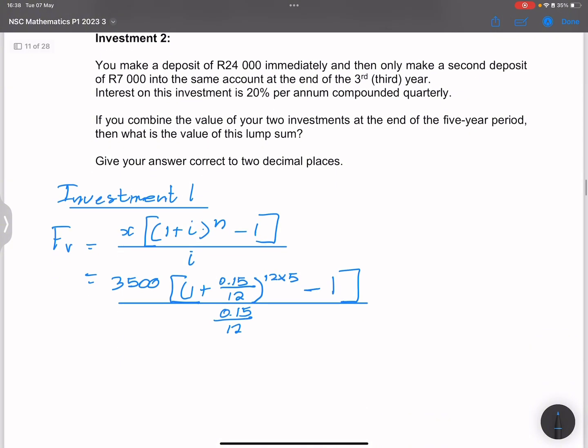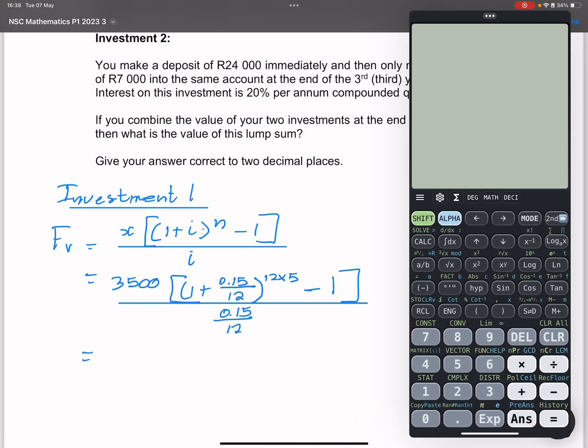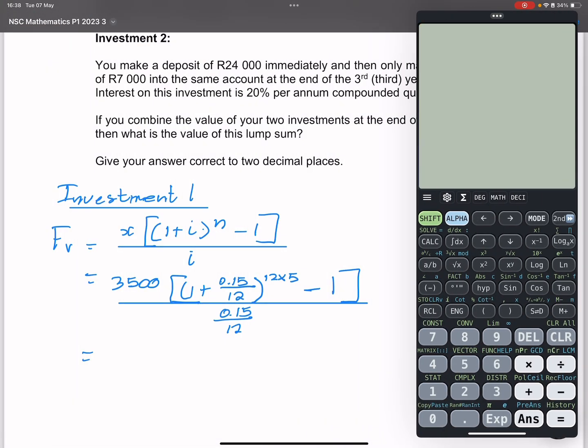Let's calculate the future value of our first investment. This will give us 3,500, and I'm going to open brackets there.